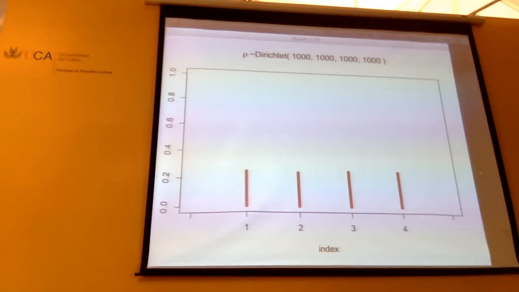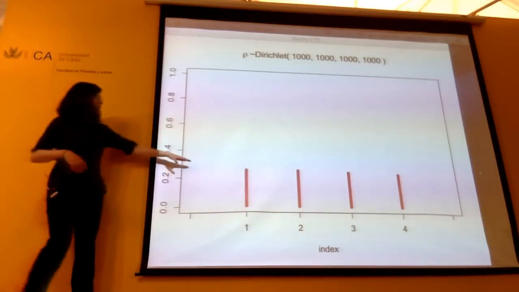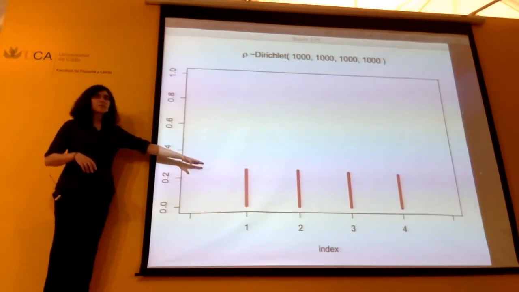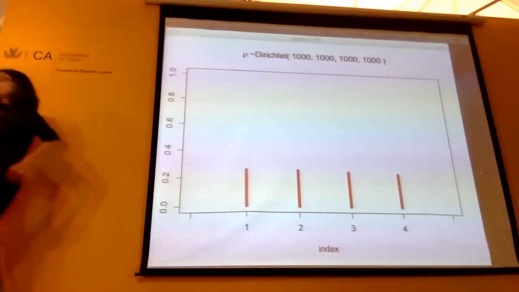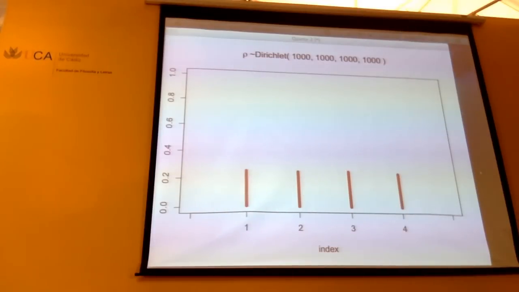So I can make a bunch of draws from this distribution, and they all look pretty close to uniform. Another thing to notice here is that uniform means 1 divided by the number of these. So these are all at around 0.25 because there are 4. Great. Okay, any questions on this?